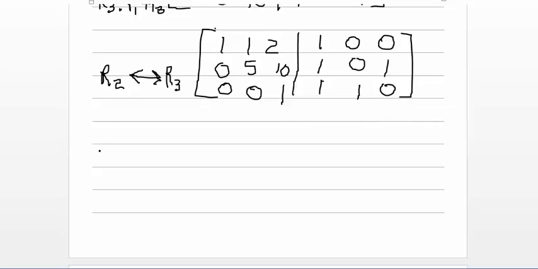So what I need to do now is I need to get my zeros in column 2. So I'm going to change row 1 by adding row 2 to minus 5 times row 1 in the previous matrix.